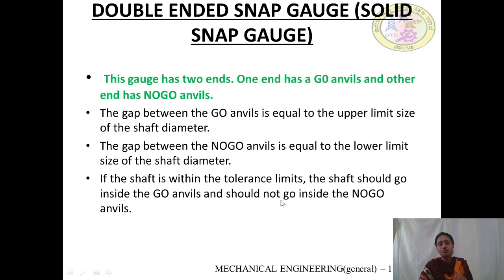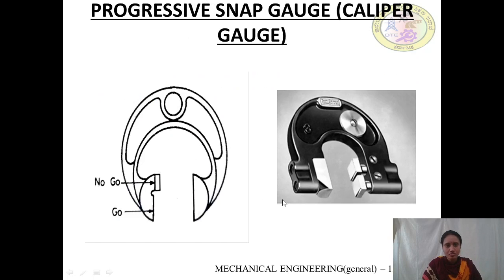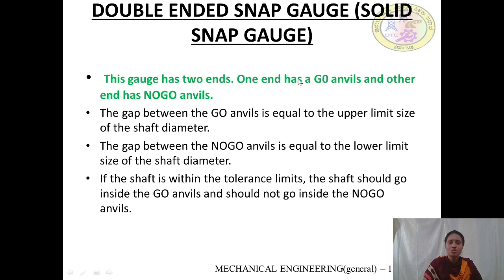Go means it should go, no-go means it should not go. That is the logic. One more thing about the double-ended snap gauge: it is also known as solid snap gauge.